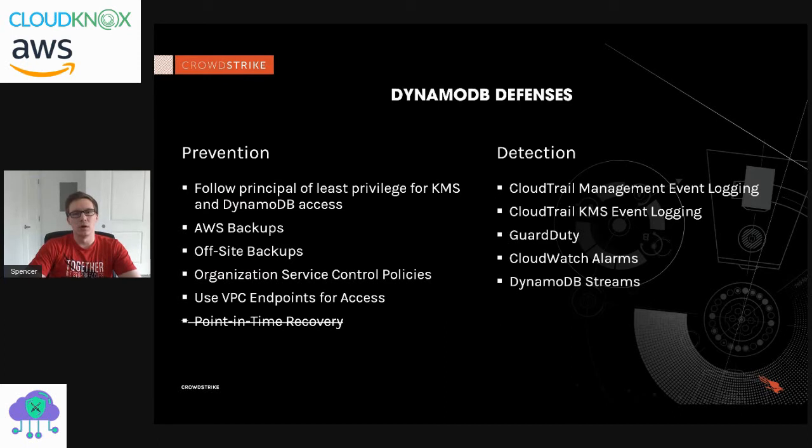DynamoDB scan, get item, and put item, and I think some others, are considered data events, so they're not logged by CloudTrail. So you can use DynamoDB streams to stream those data events to a Lambda function and respond to them however you want. So that could be a way to monitor that data level activity. And maybe you could use AWS Config to track changes to your tables, but usually this will be too late by the time it alerts you of anything.